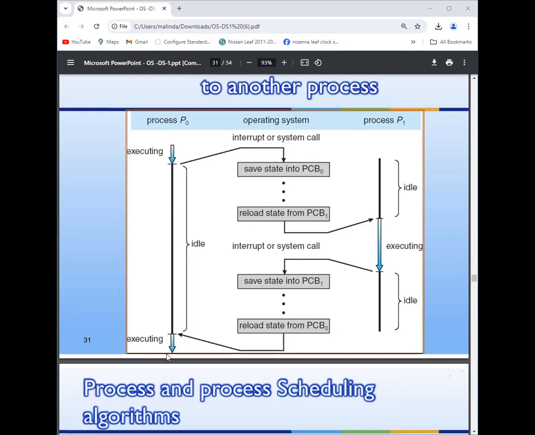Then the first person is given the chance again, so he takes his work back to the CPU and continues. This is sort of a real world situation. We share the CPU between processes and we save the states of the process at that time in a PCB. I hope you understood.